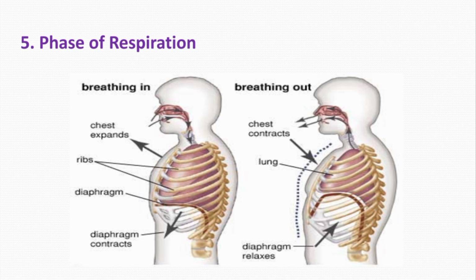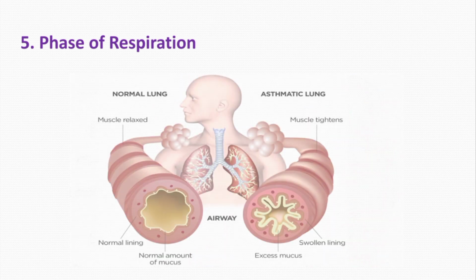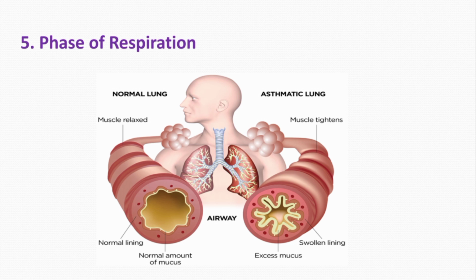So, during expiration, resistance to the airflow is more, and this is the reason that asthmatics feel more problem during expiration. They can have normal inspiration, but they feel much more resistance and difficulty in expiring air because during expiration the diameter of the airways is reduced.